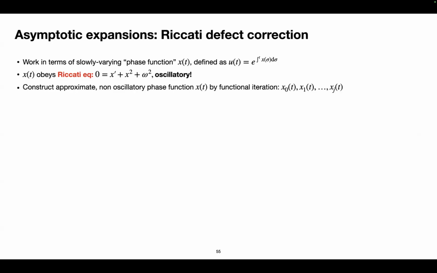So what I'm going to do instead is construct a solution to it. And I'm going to start from an initial estimate for the solution. It's going to be a function of time. And I'm going to keep refining it. So this is called the defect correction iteration approach. So if the solution is oscillatory, then I'm going to start from the initial guess of plus or minus i omega of t.